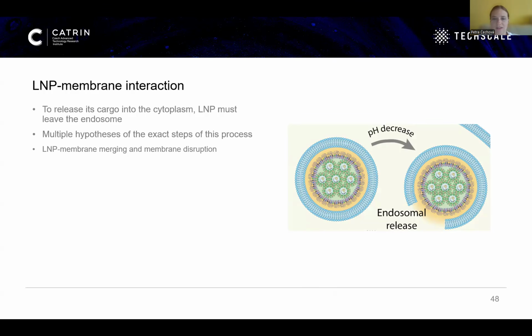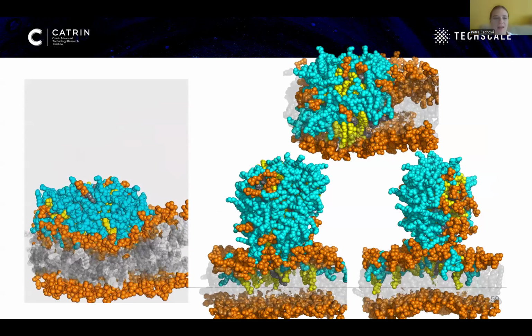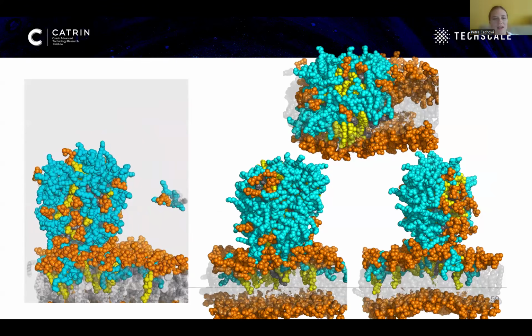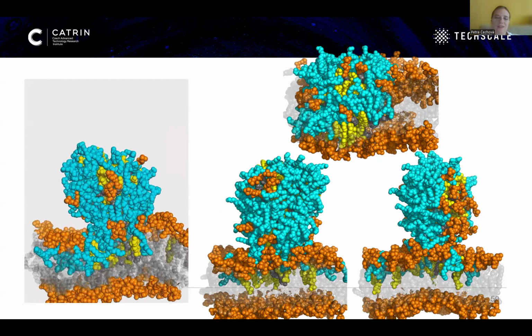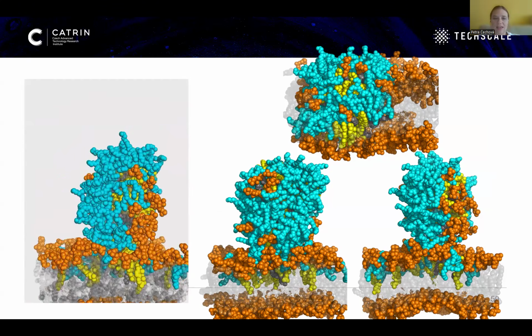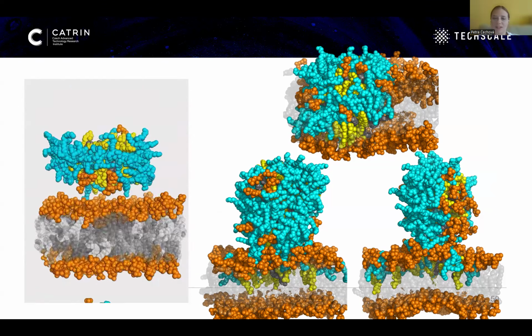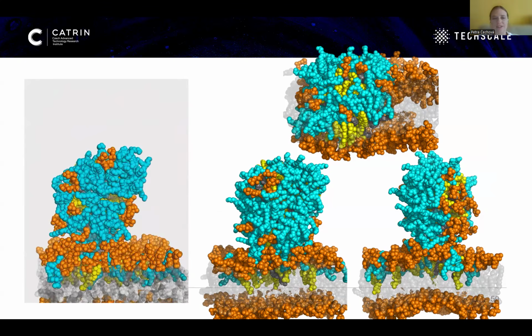Let's try to merge them and see what happens. So we prepared these systems of the ionizable lipid droplet and membranes with different head groups. And in the charged form, basically every time, this is what happens. The ionizable droplet stays connected to the outer leaflet. There is exchange of lipids, and it's stable across hundreds of nanoseconds of the simulation.